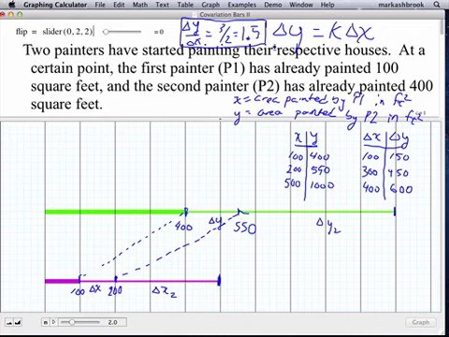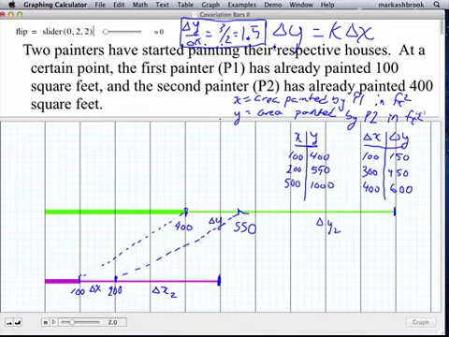Saskia. Rate of painter 2 in terms of painter 1. Okay, so the amount painted by painter 2 relative to the amount painted by painter 1. Relative size. Good. Anything else that 1.5 means?